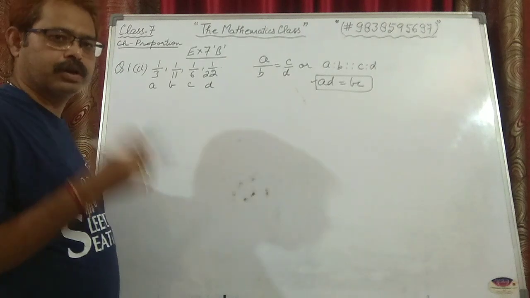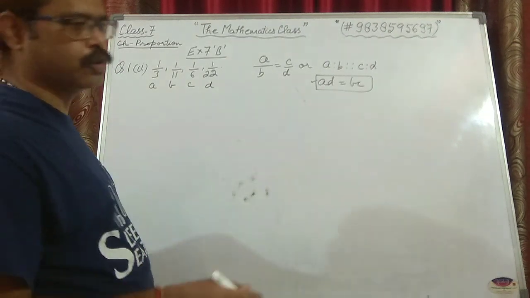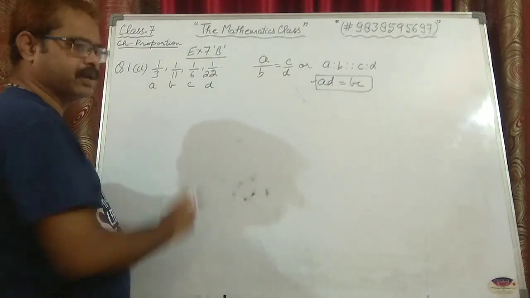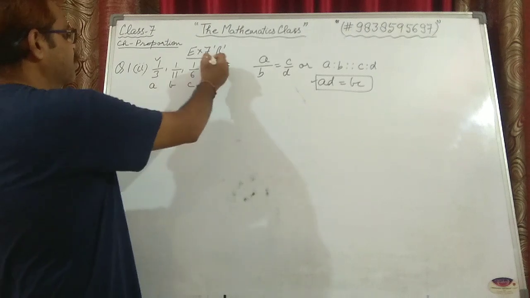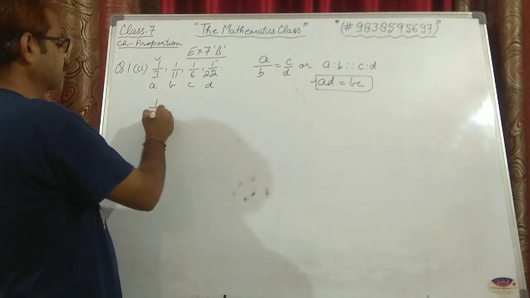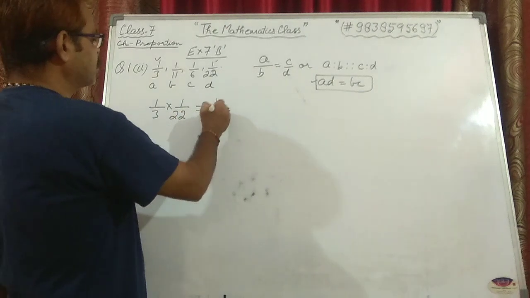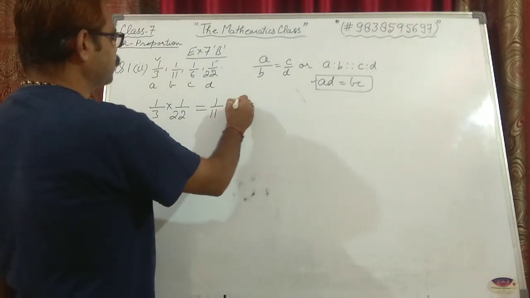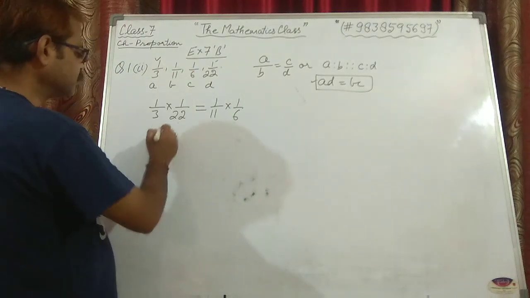If it is so, it means that they are in proportion. If it is not, it means they are not in proportion. So A into D means 1 upon 3 into 1 upon 22 must be equal to 1 upon 11 into 1 upon 6. A, D, B, C.